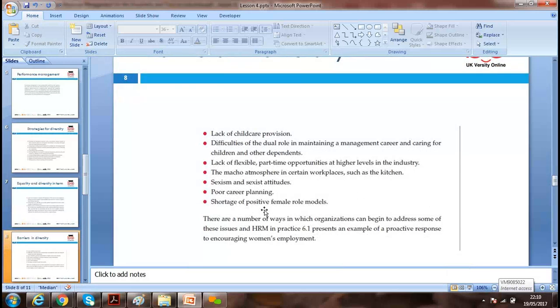Shortage of positive female role models. So we need to create female role models in our organization, so we include not just dominant males but females as well. That will help us reduce these diversity issues within our organization.